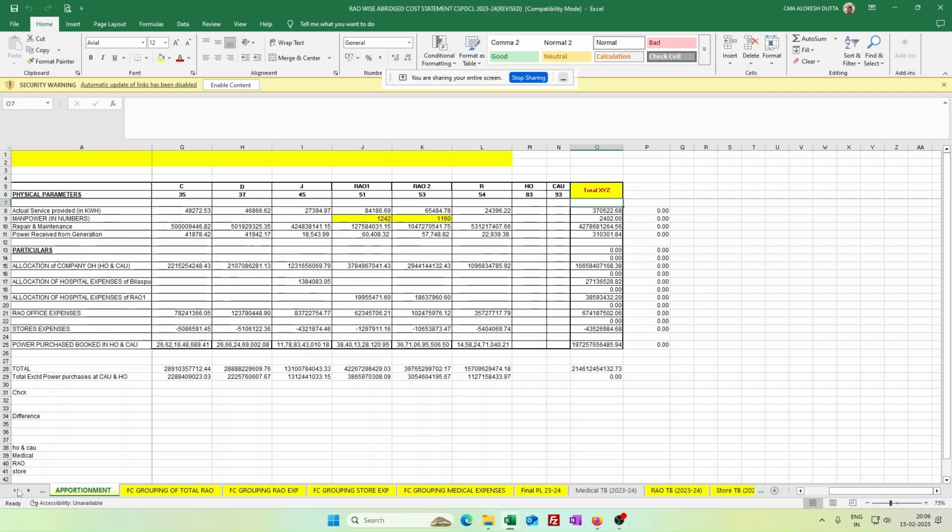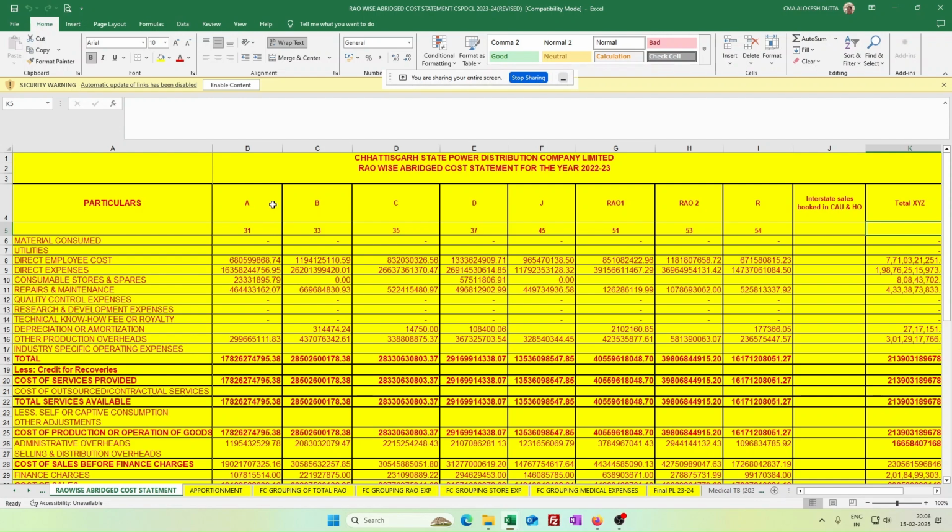Now, after apportionment, the RAO wise cost has been prepared as the average cost statement. It is the same heading, and it is the difference: total minus RAO office expenses, store expenses, medical expenses. This is the only production unit head, that means service unit head.